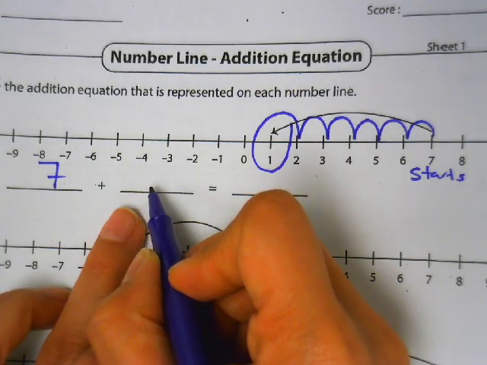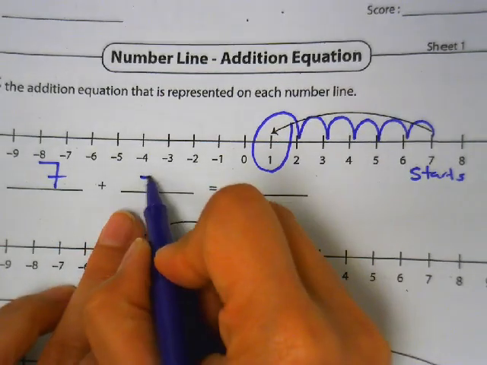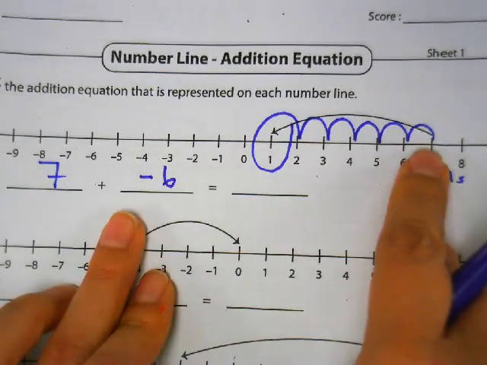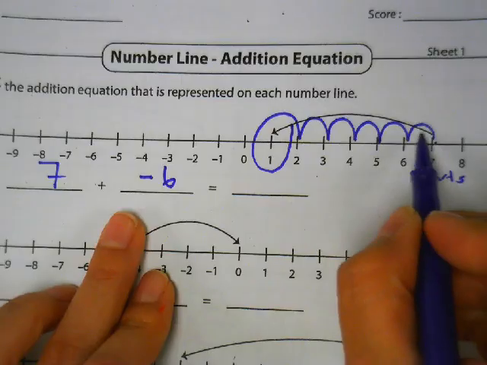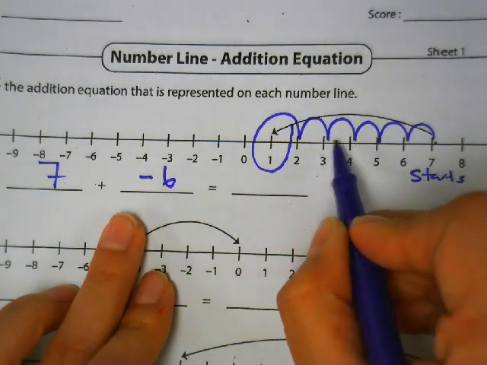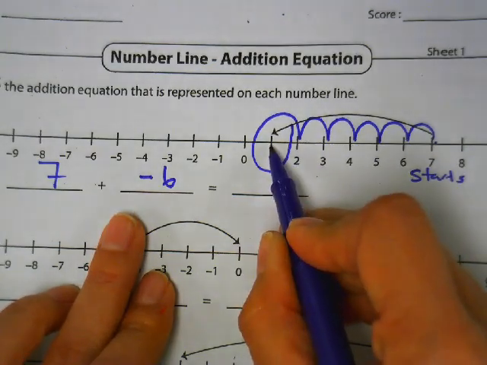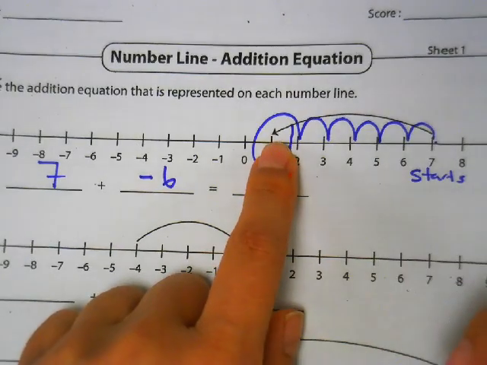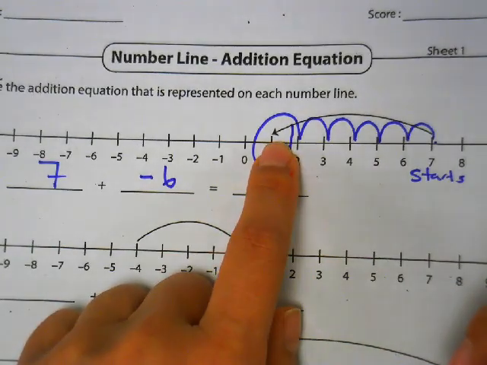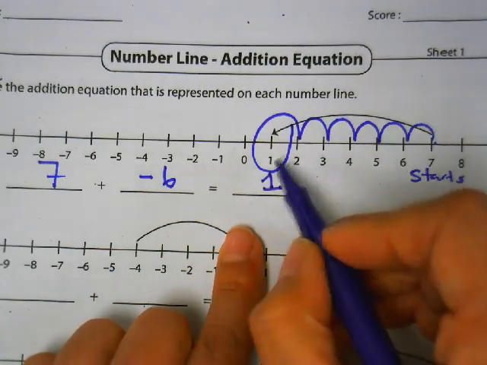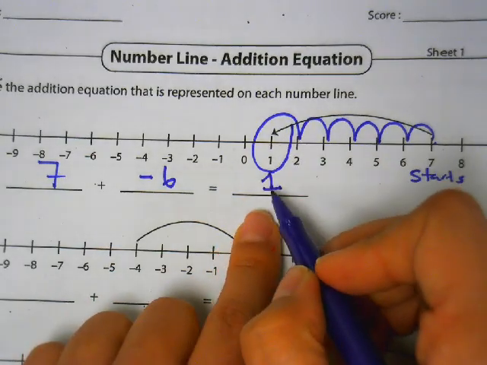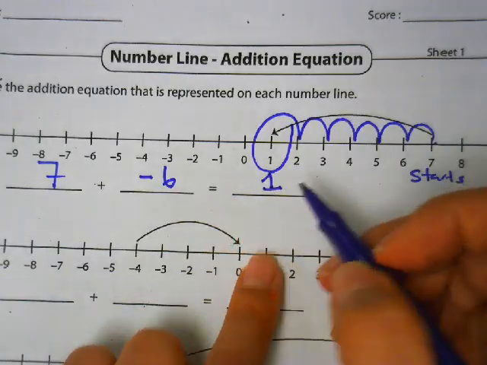So what does that mean? Not a minus. Negative. So how many hops? And you start counting not here, you start counting here. 1, 2, 3, 4, 5, 6. Now where's the arrow? What number is the arrow at? That goes after the equal sign. So wherever the arrow is goes after the equal sign. Okay?